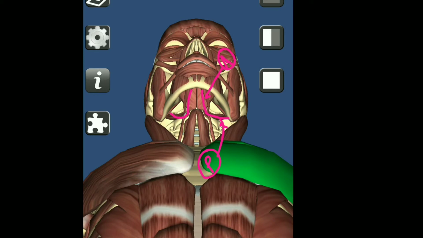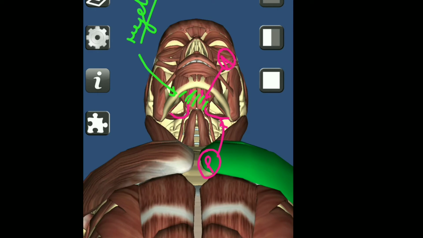And the muscle that I am highlighting with green color, which is present just below this digastric muscle, is the mylohyoid muscle.